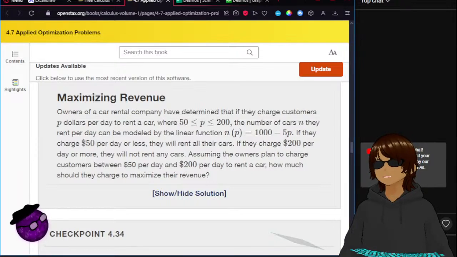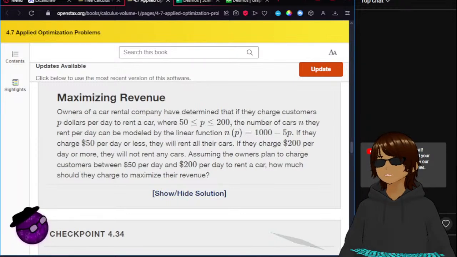If they charge 50 per day or less, they will rent all their cars. If they charge 200 per day or more, they will not rent any cars. Assuming the owner plans to charge customers between 50 per day and 200 per day to rent a car, how much would they charge to maximize their revenue?